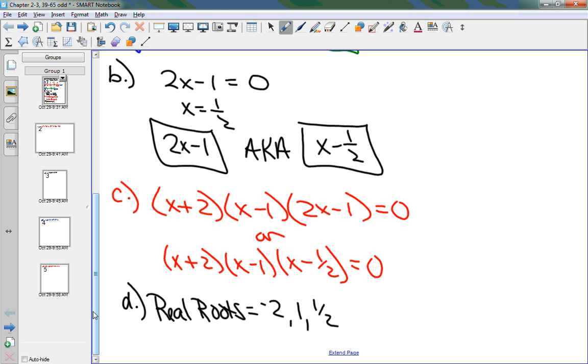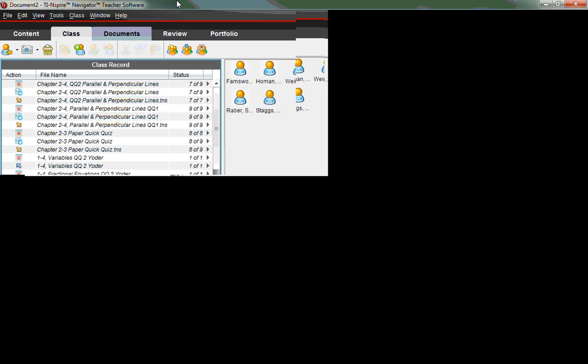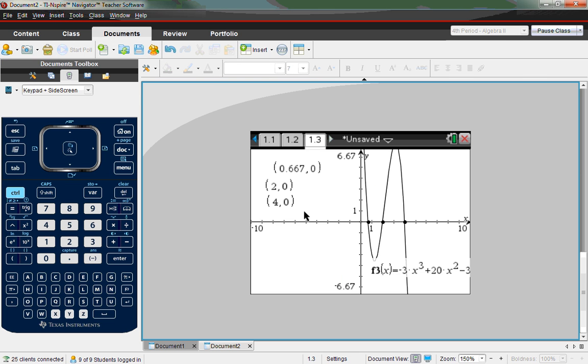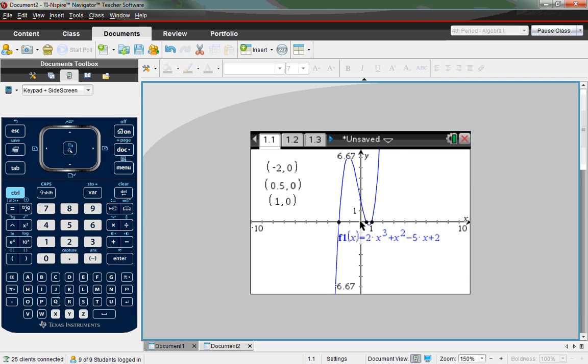And then lastly, it says confirm your results by using the graph utility to graph the function. Could I graph this thing? Absolutely. So if I pull that up, is this a function of it?